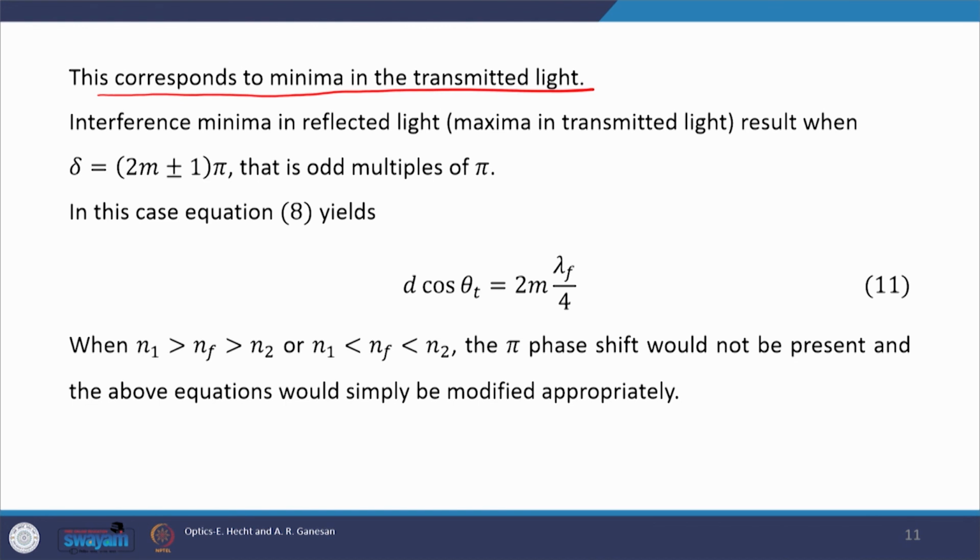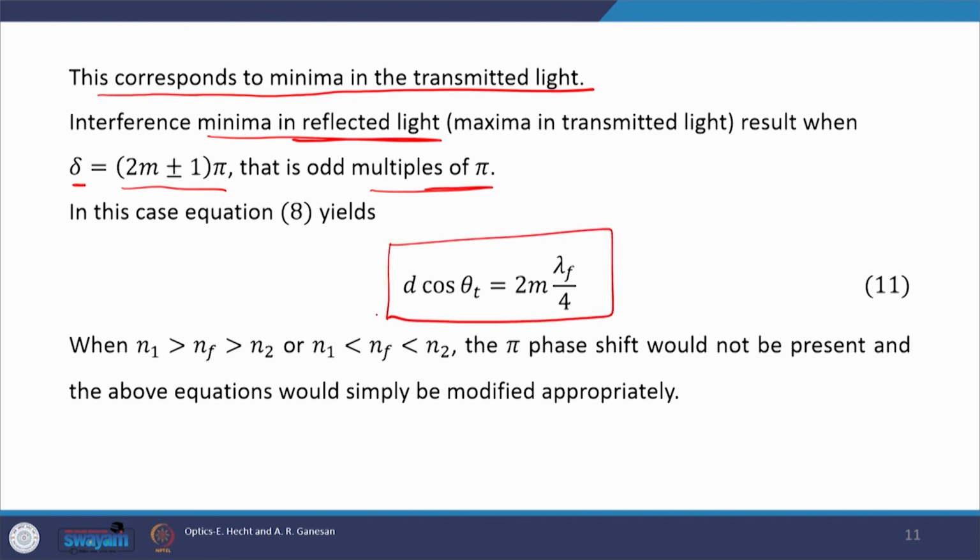Now, once the maxima is known, let us calculate the minima in the reflected light. How to calculate the minima? The phase should be (2m plus minus 1) pi, that is, an odd multiple of pi. If you simplify equation 8, then you get this condition, and this is the minima condition in reflection, which also corresponds to the maxima condition in transmission here.